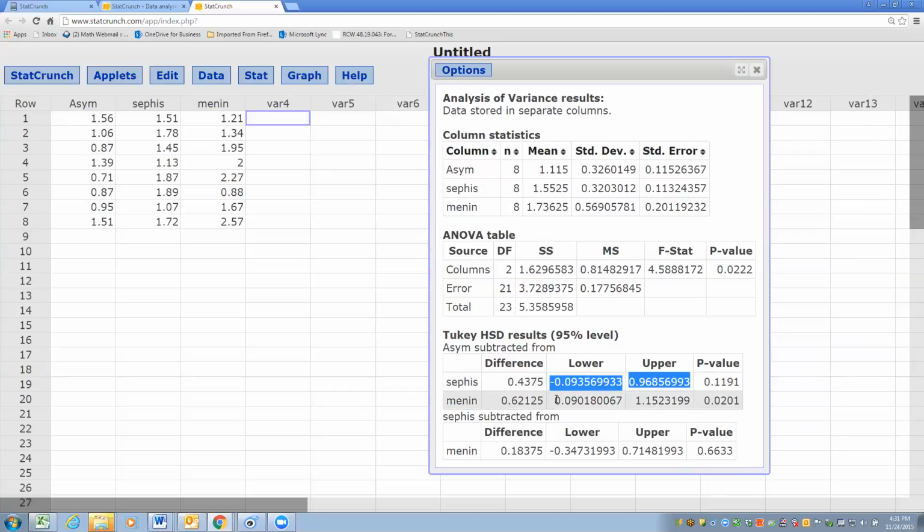However, if we look at the confidence interval for meningitis minus asymptomatic, we see this does not contain 0. Because this does not contain 0, there is no overlap, and we can conclude that there is a difference in the average concentration for those with meningitis as opposed to those that are asymptomatic.